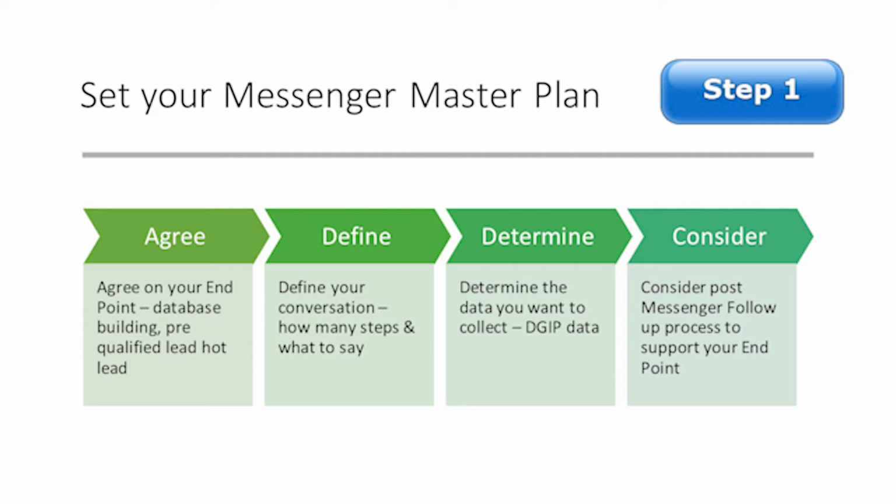Yep. And I'm a big fan of really understanding, and I know you and I had this conversation, determining the kind of data that you want to collect in that first initial conversation. So if you're wondering what DGIP data stands for, D is demographic data. Hey, what's your name? Your telephone number, maybe your email.